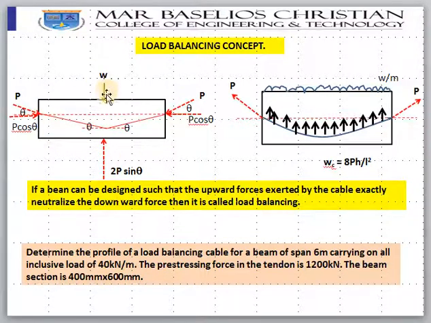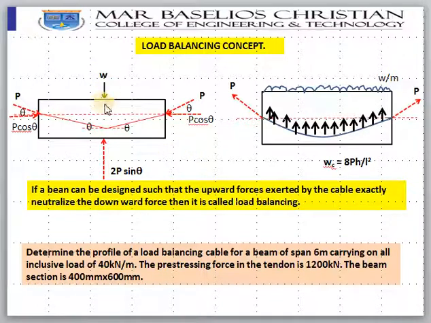For example, the net load only we will be using for finding out the bending moment, W minus 2P sin theta. If W minus 2P sin theta is 0, then what will happen? We will not be having any bending moment. Agree? So if there is no bending moment, we are happy as civil engineers. There will not be any major stresses. When a bending moment is there, bending stress will be there, deflection will be there.